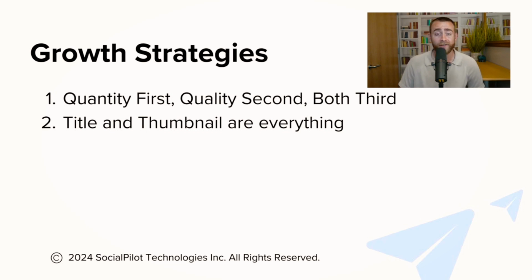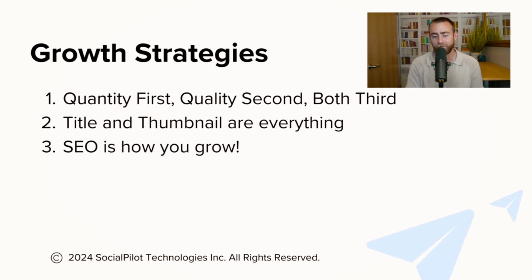And the clicking on the video is oftentimes based off the thumbnail. So the title and the thumbnail are as essential as it gets. If you're thinking of short form videos like Reels or TikToks, we might say that the hook is the most important part. On YouTube, the title and the thumbnail are your hook. They are your opportunity to grab attention, to stop the scroll, and to get someone to click.